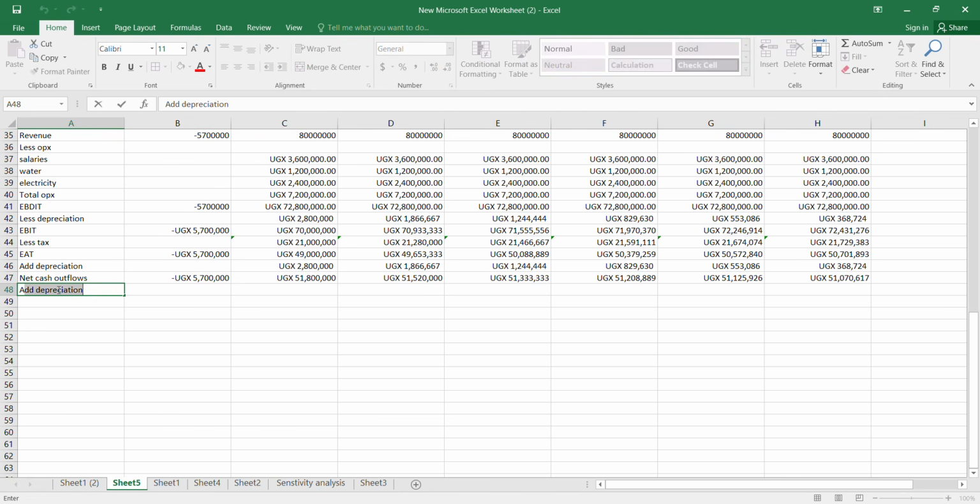Then we shall add salvage, but this is added in the last year.